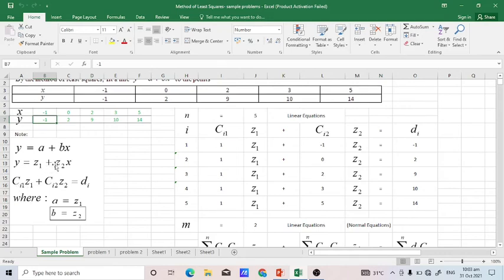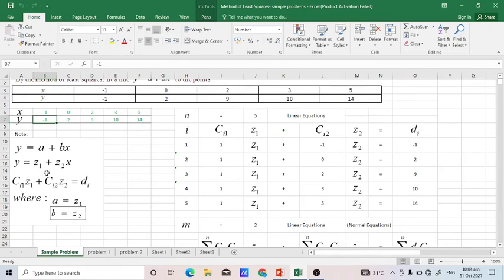Okay? Then z sub 2, okay? C sub i2, z sub 2, no? So, yung magre-represent nung x ay c sub i2. Tapos, meron ka ditong d, yun yung magre-represent dun sa y. Kasi meron ka dito nga y sub i equals z sub 1 plus z sub 2 x sub i. So, yung x sub i ko, gagawin ko siyang c sub i2.